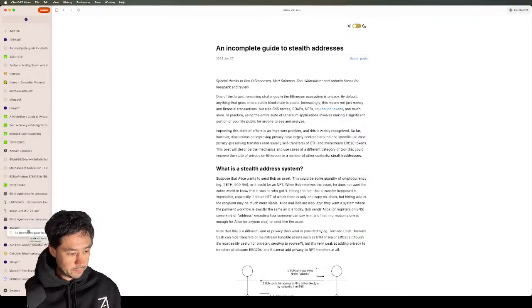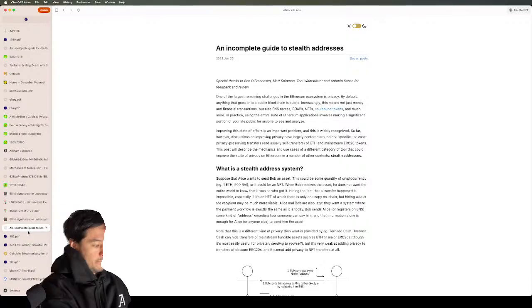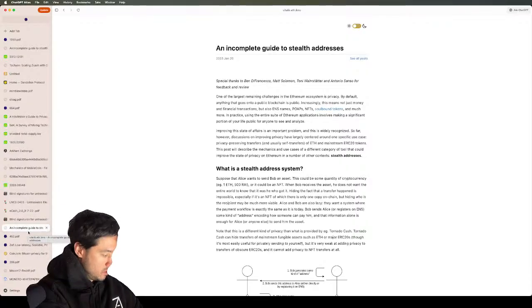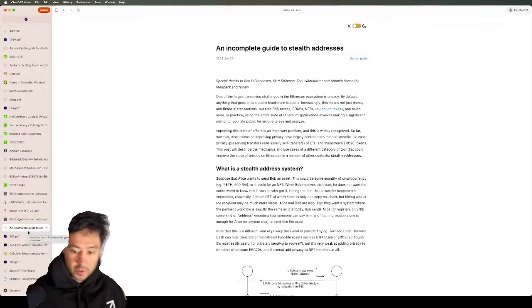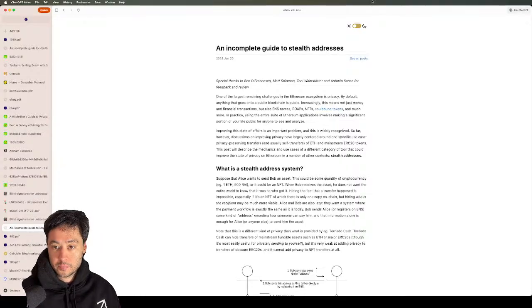Where can I put that? Can I change my screen? Give me a sec.